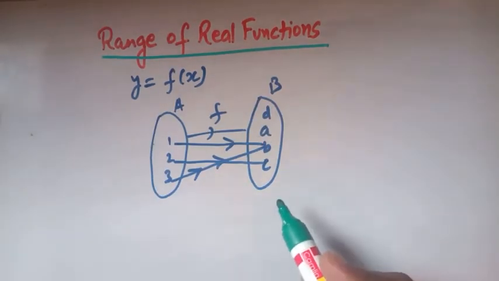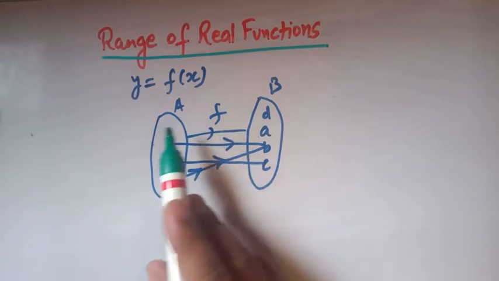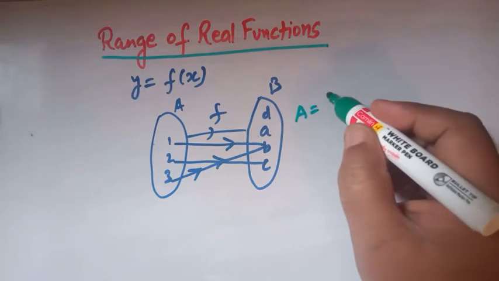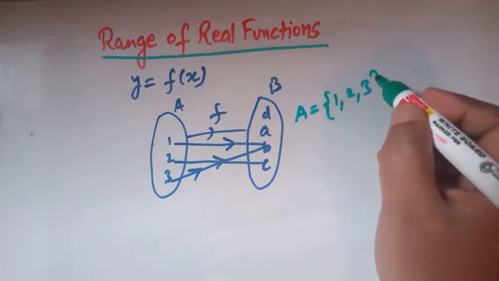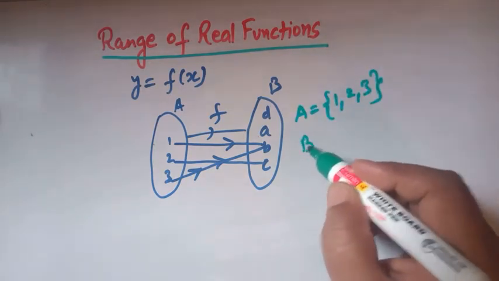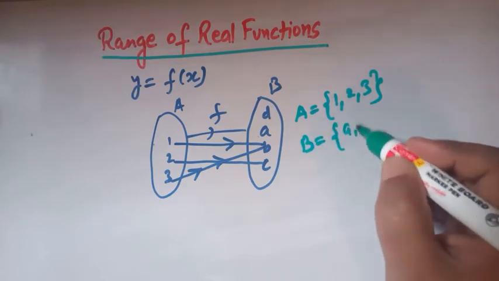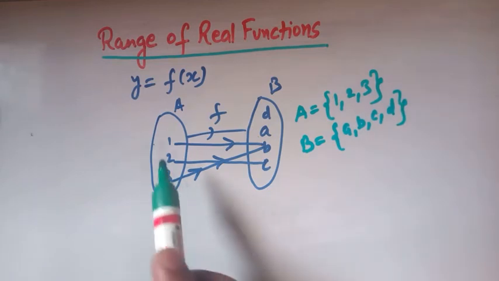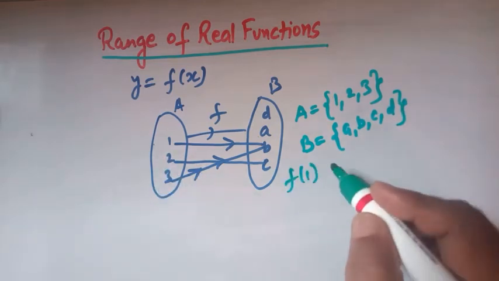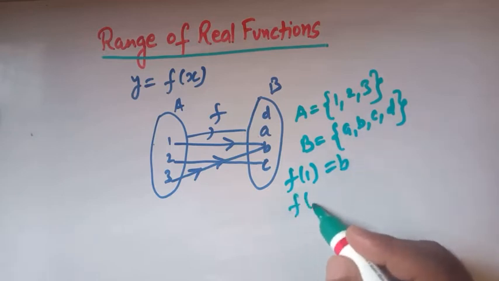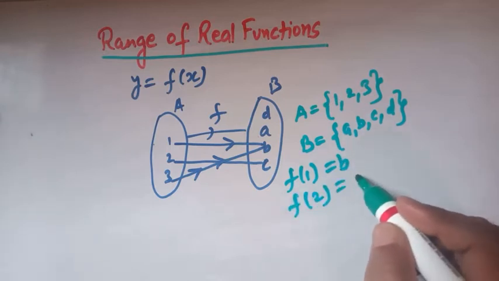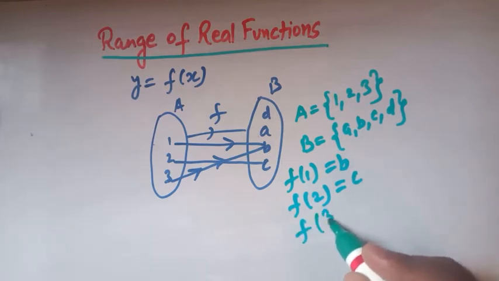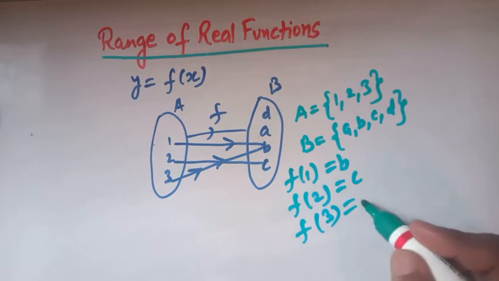Let us take this example. Suppose we have a function f from set A to set B, where set A is 1, 2 and 3, and set B is a, b, c and d. Here f of 1 is equal to b, f of 2 is equal to c, and f of 3 is equal to b.